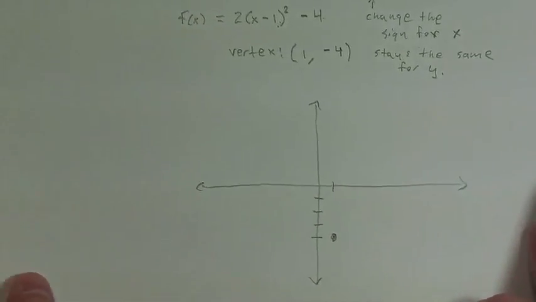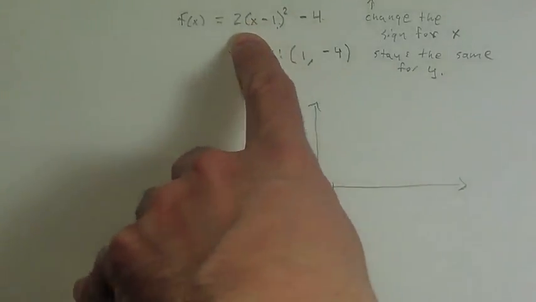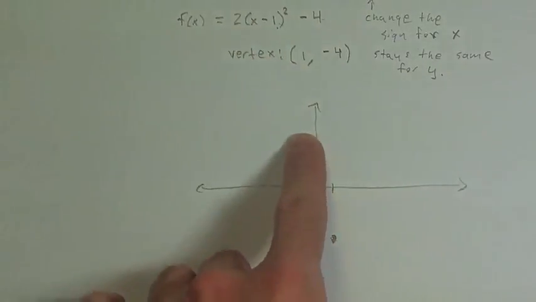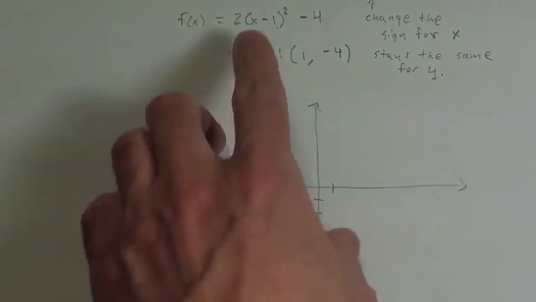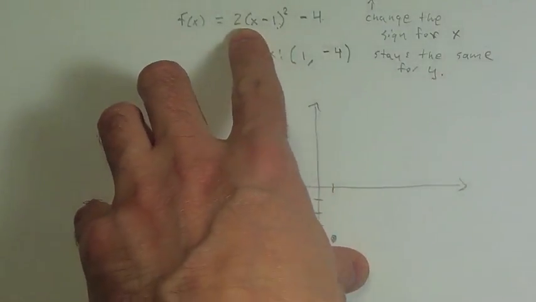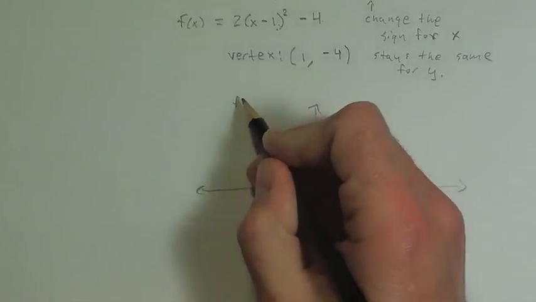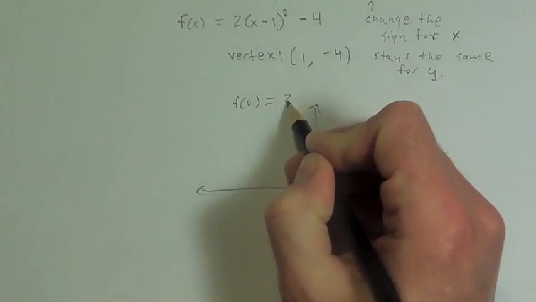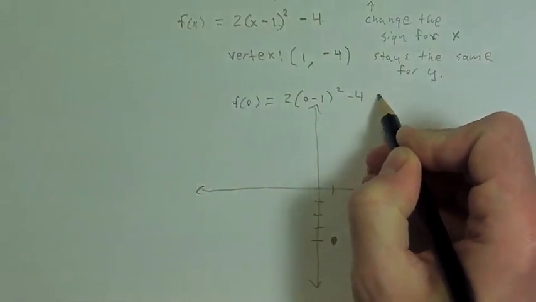I know that my parabola is going to open from this point. If I want to know how it opens, one thing we can always do is plug in another value to get another point. That's pretty helpful. Let's try 0. Plugging in 0 is always nice. If I plug in 0, I get 2 times 0 minus 1 squared minus 4.